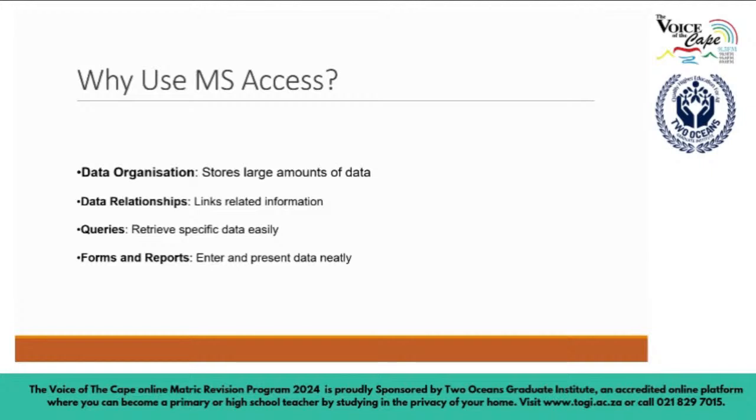And then finally, we can create forms to input data, and reports we use to present that data in an organized way. So that is just a chronological explanation of why we need to use MS Access and the functionalities within the MS Access software.